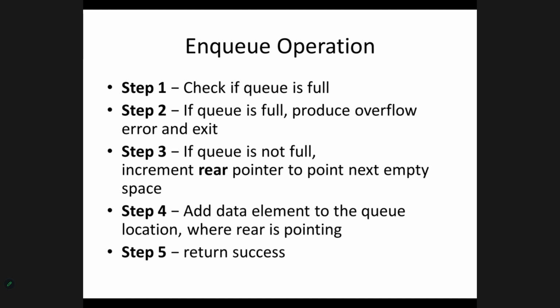If it is full, step 2 produces an overflow error and exits. If the queue is not full, there is space, so increment the rear pointer to point to the next empty space. Step 4, add the data element to the queue location where rear is pointing, and then return success. The operation has successfully completed.